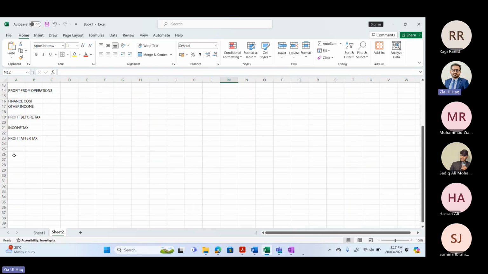Okay, now move towards the format of statement of financial position. So company name, statement of financial position as at 31st March 20x9.